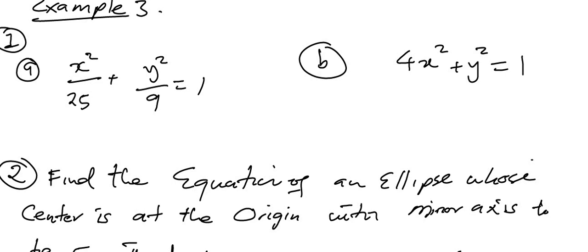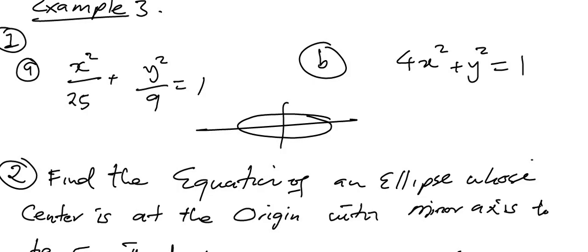So how do I identify whether the major axis is the x-axis or the y-axis? It's the one that has the bigger number. Here, x squared is the one having the bigger number, so it will lie on the x-axis, and the major axis will look like this.